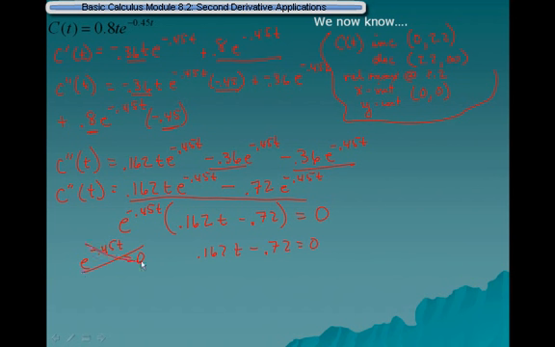And this one is a no-go. And this one, we're going to add 0.72 to both sides. And that gives me 0.162t is equal to 0.72. We'll divide by 0.162 on both sides. And so that will give me t would be equal to 4.4.